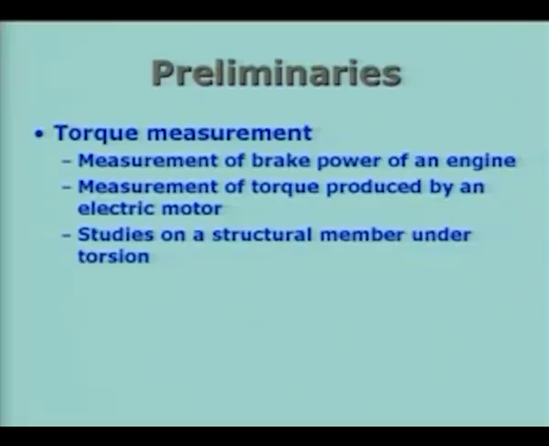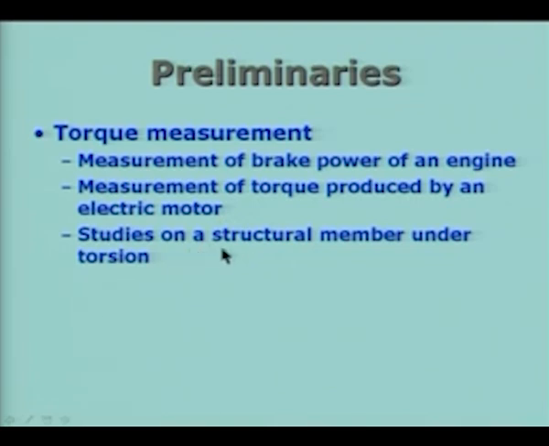For example, measurement of brake horsepower or brake power of an engine, which is very common, or measurement of torque produced by an electric motor. So, electric motor is used to run a pump or run some other apparatus, and you require to know the torque produced by the electric motor, and we will have to measure it.